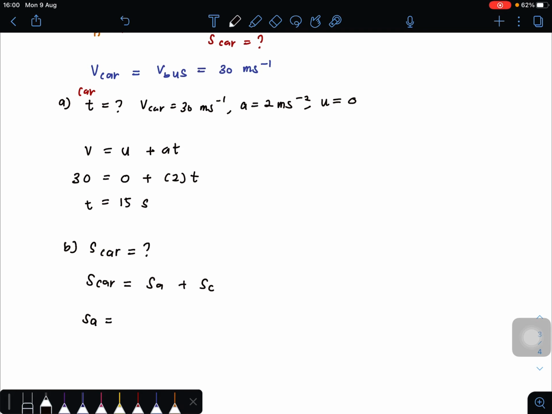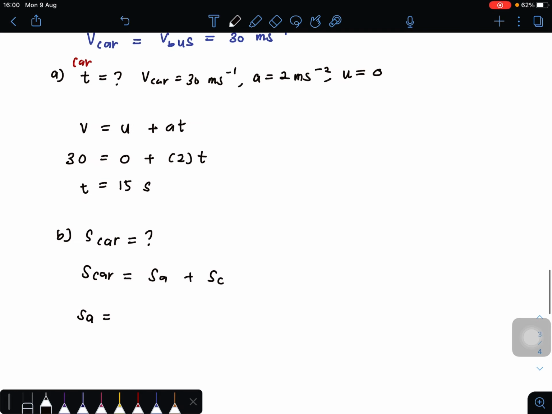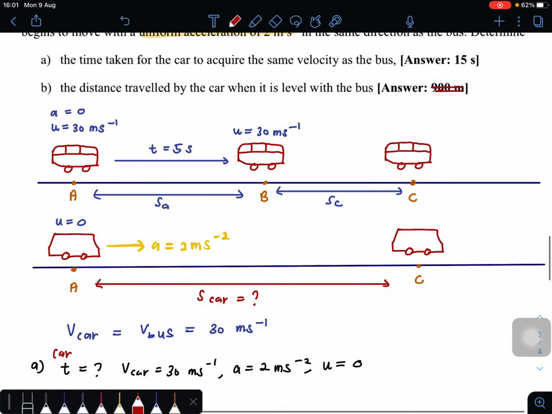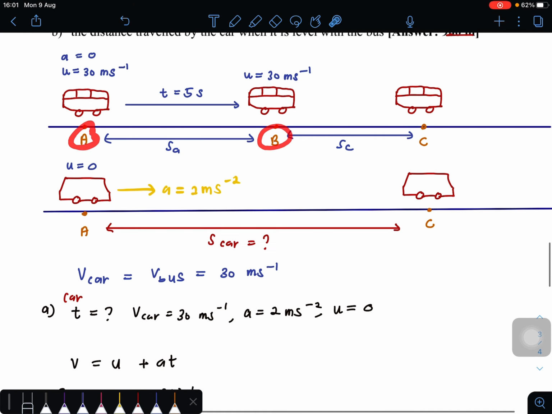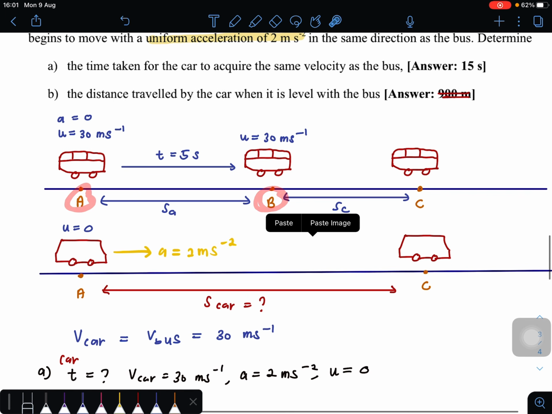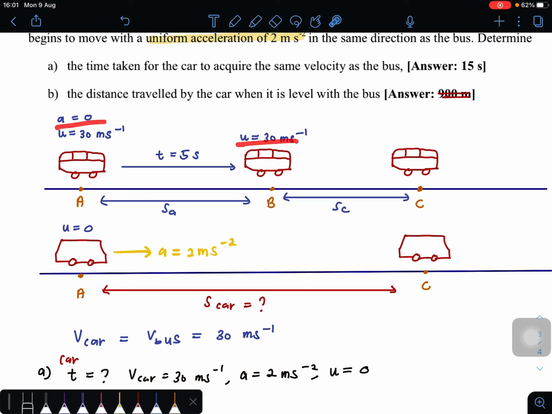So SA, we take out the formula for displacement, which is ut plus half at square. So this is the bus. SA is from point A to point B. So from point A to point B, the information we have is velocity, acceleration zero and time. So we can find the value for S.